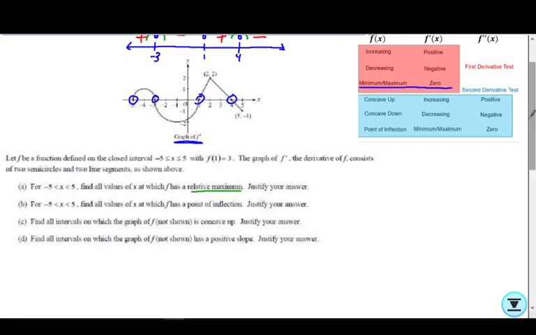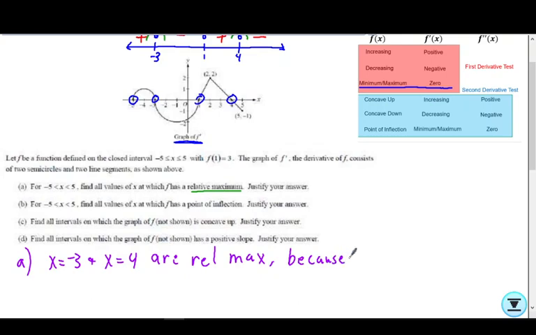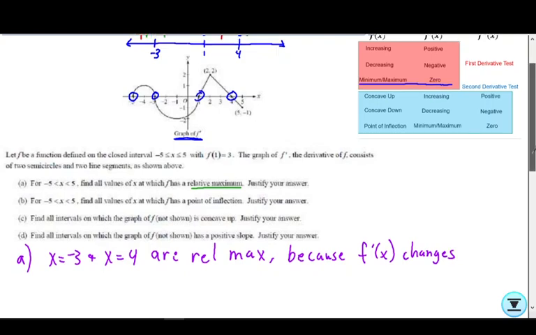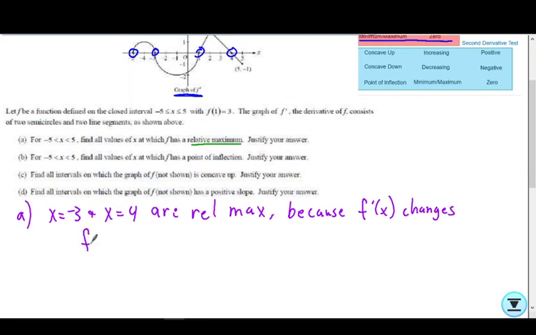Okay, so for part A, the answer is x equals -3 and x equals 4 are relative maximums because f prime of x changes from positive to negative.